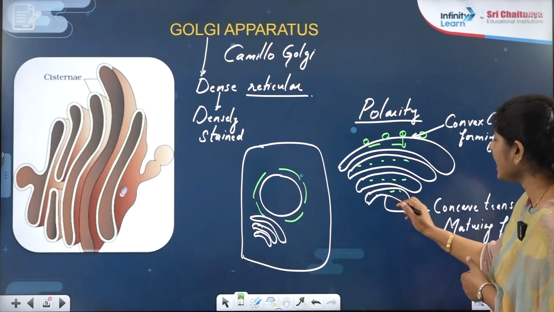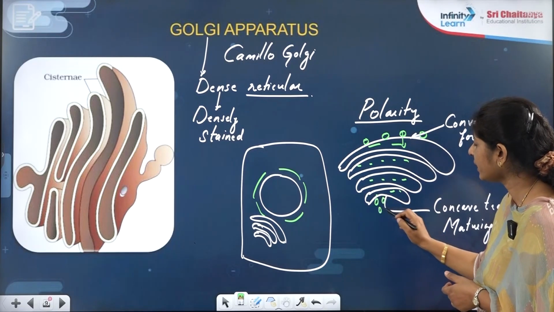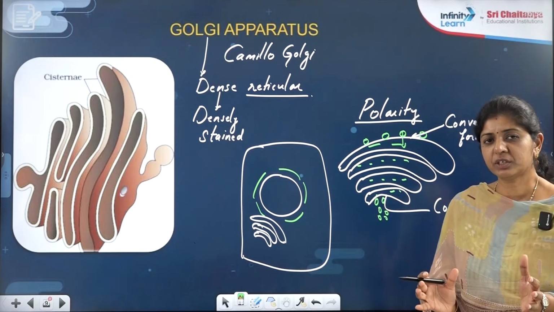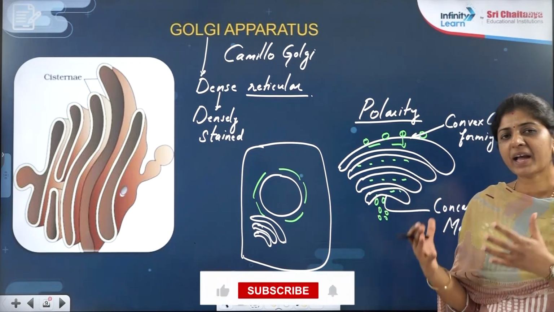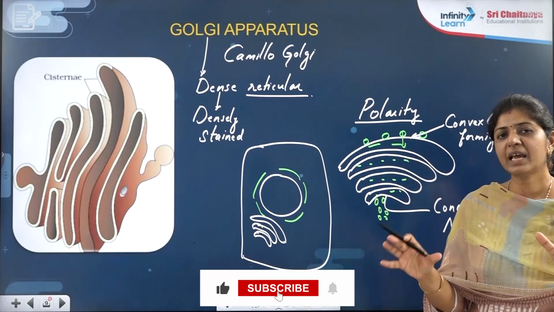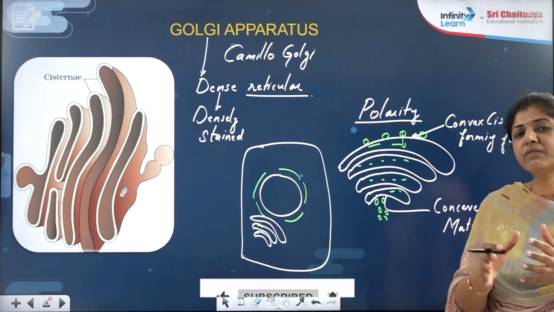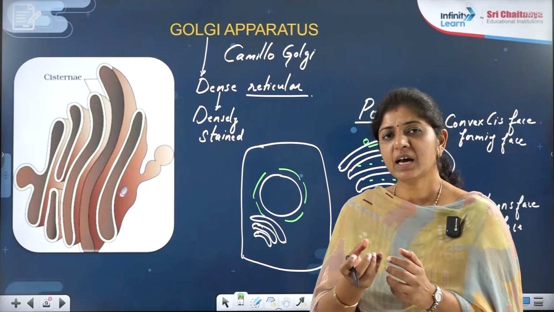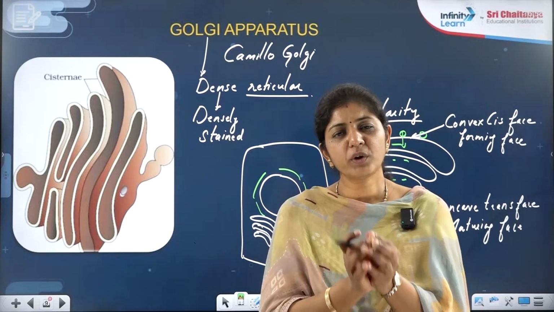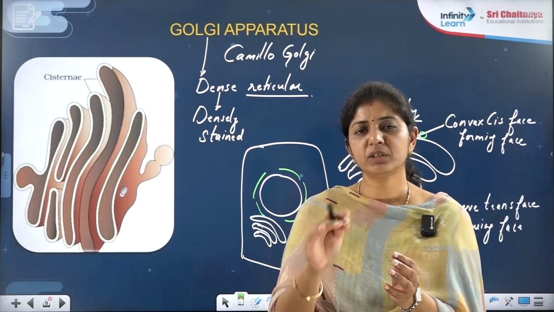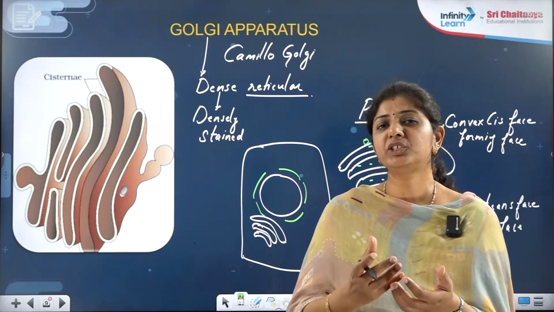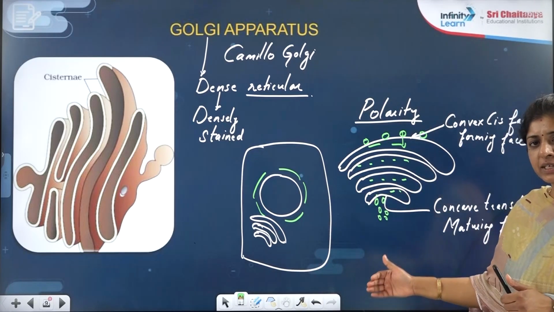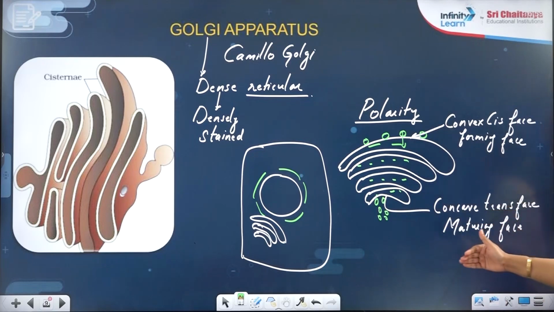At last they pinch out in the form of vesicles after getting proper maturation, and it is packaged and parceled throughout the cell or outside the cell. This is the function of Golgi bodies, especially taking the things given by ER, then if required storing for a short time, with modification from layer to layer. When it gets mature, release is through which side? Concave side it is going to release. That's why you call it the maturing face.